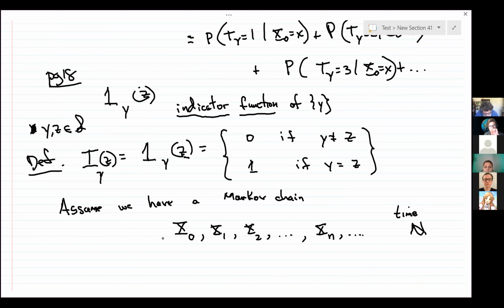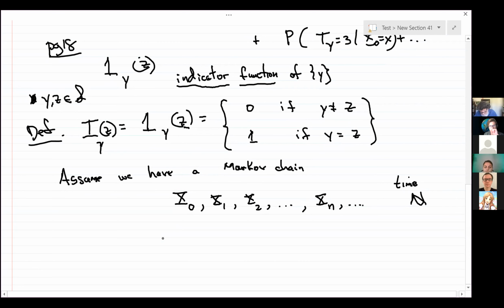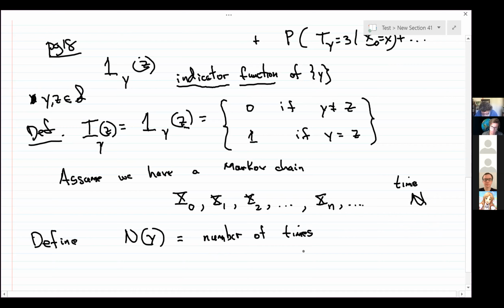Capital N of y, and how we define this is to be the number of times, and the times, we'll call those n, that are positive, we're not counting where we are at 0, that the Markov chain is in state y.